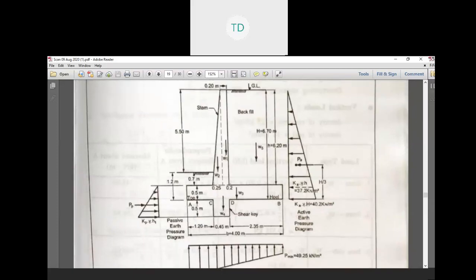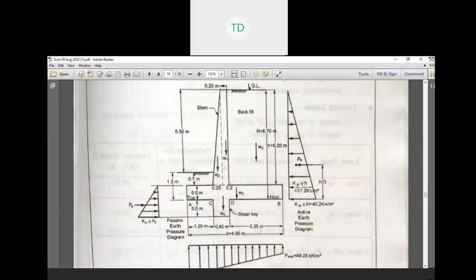W1 and W2 are for calculating the weight and area of the stem. You may think why we divide it into two parts? Because it is very difficult to calculate the area of such a trapezoid, rather than divide it into several parts of simple shapes.